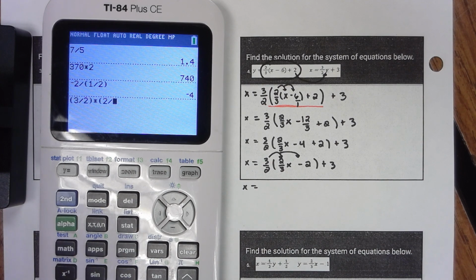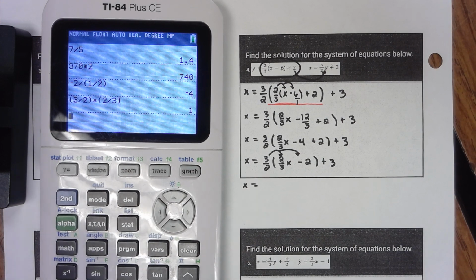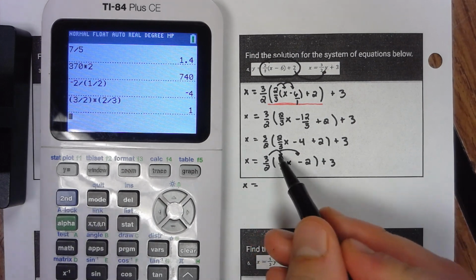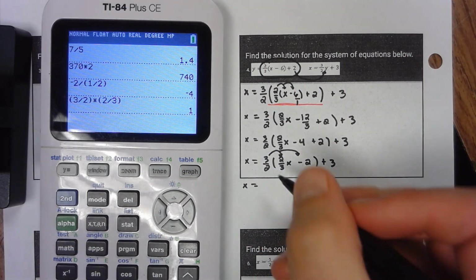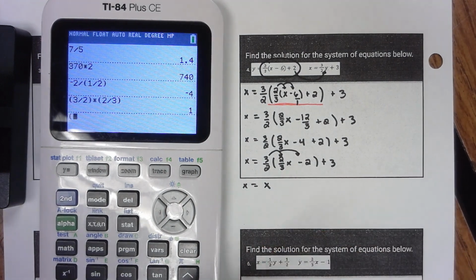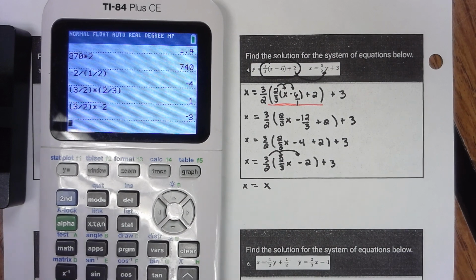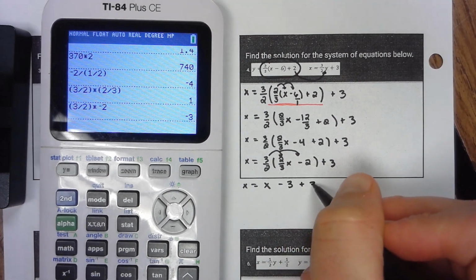Anybody want to take a guess on what it might be? It's going to be 1. Because you end up getting 3 times 2 is 6. 2 times 3 is 6. 6 divided by 6 is 1. So that's 1x. Then I'm going to do 3 halves times negative 2, which is negative 3. So this is x minus 3 plus 3.